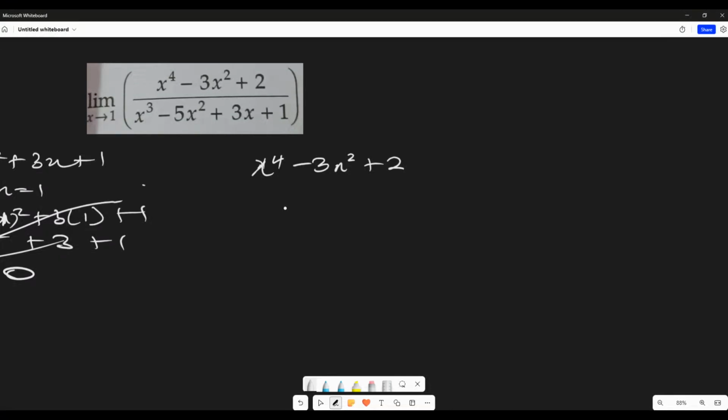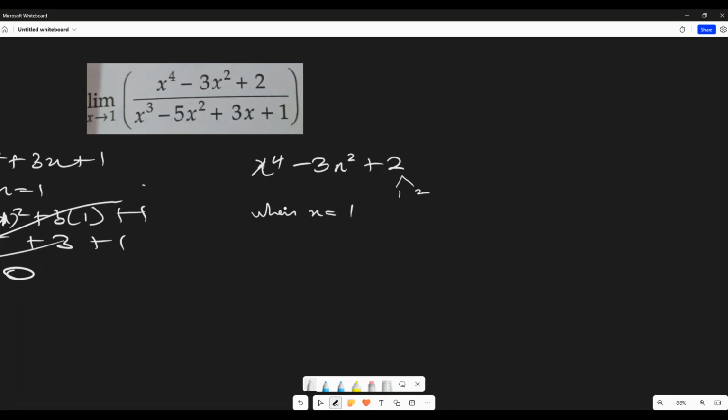We'll check for numbers that when you slot into the function will turn 0, and that will lead us to one of the factors of this expression. Normally we do trial and error with numbers. In order to limit your trials, we normally test the factors of the constant. So the factors of the constant are 1 and 2. So let's test when x is equal to 1.